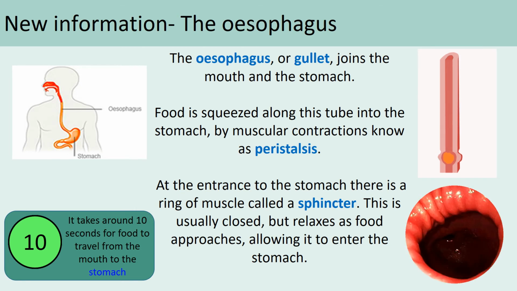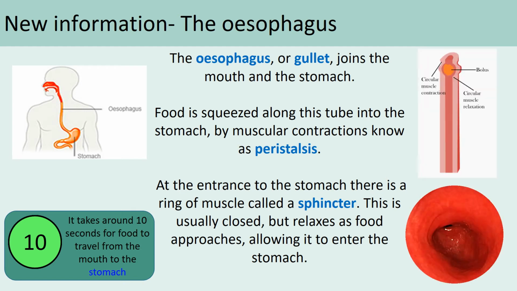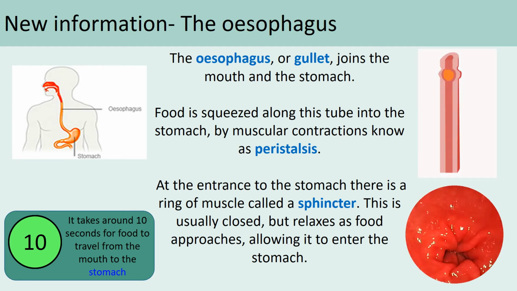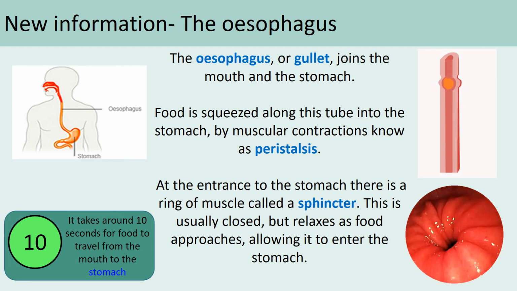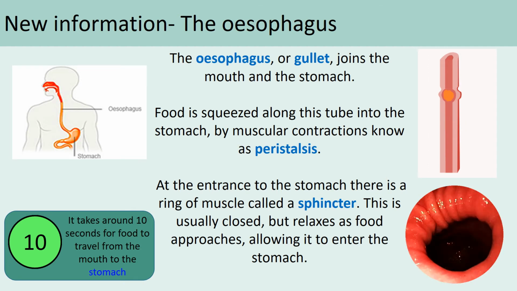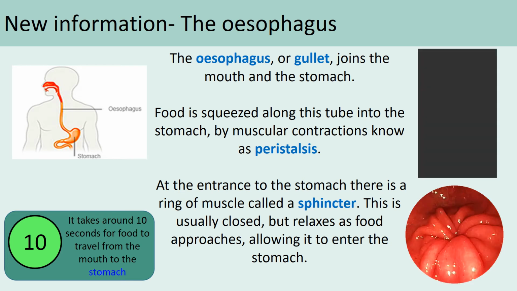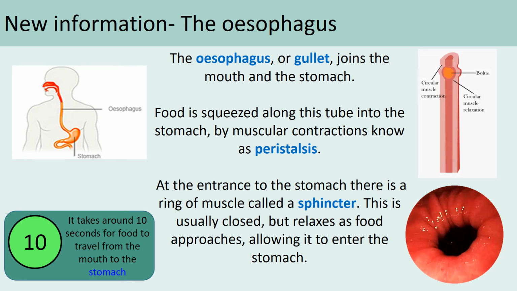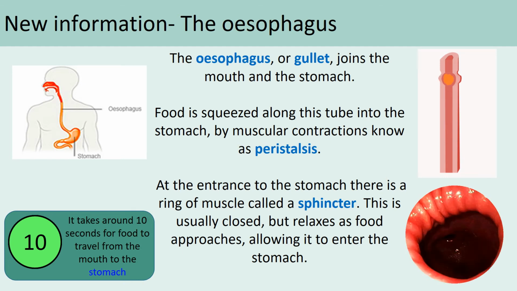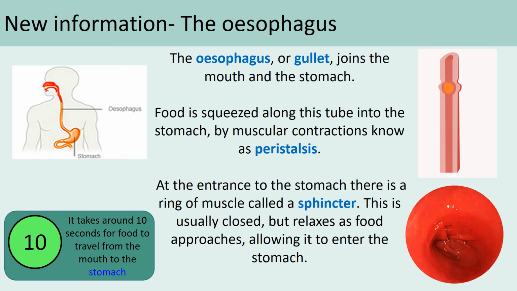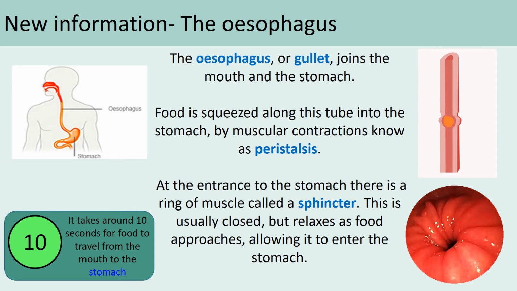But it's not simply a tube, like the windpipe or something like that. It's actually very, very special because it's got muscles that go around in the wall and they actually squeeze the food down. So that's why if you eat a meal, go upside down, all the food doesn't just fall out of your mouth. It's actually pushed down the esophagus by muscular contractions.